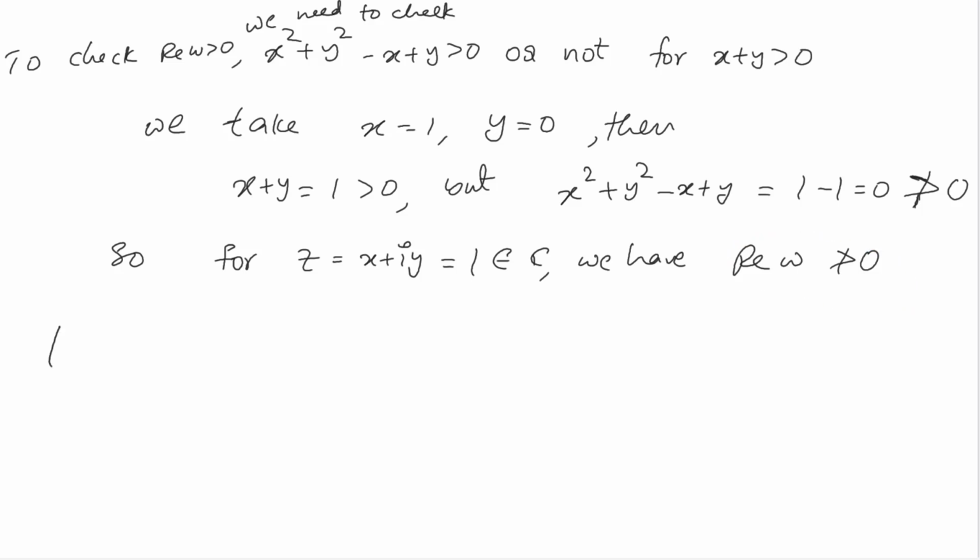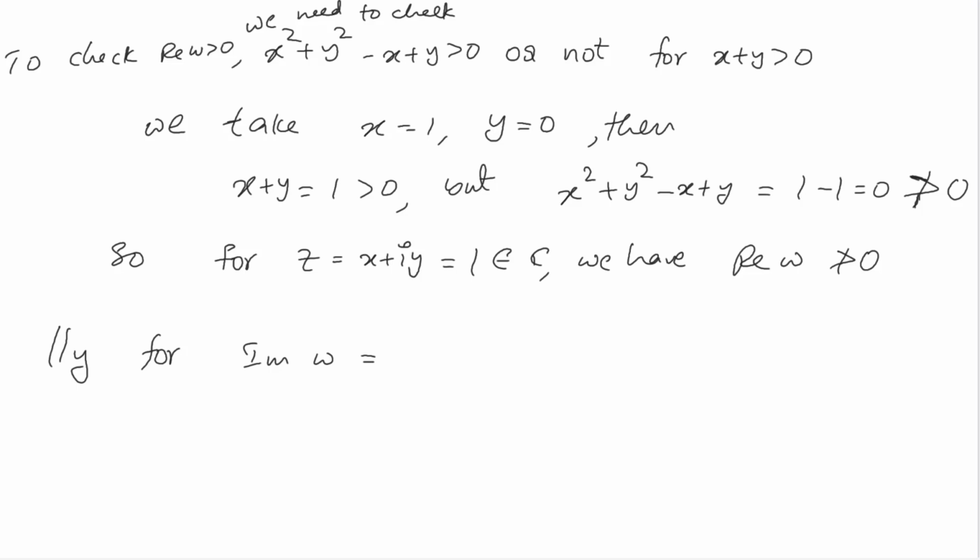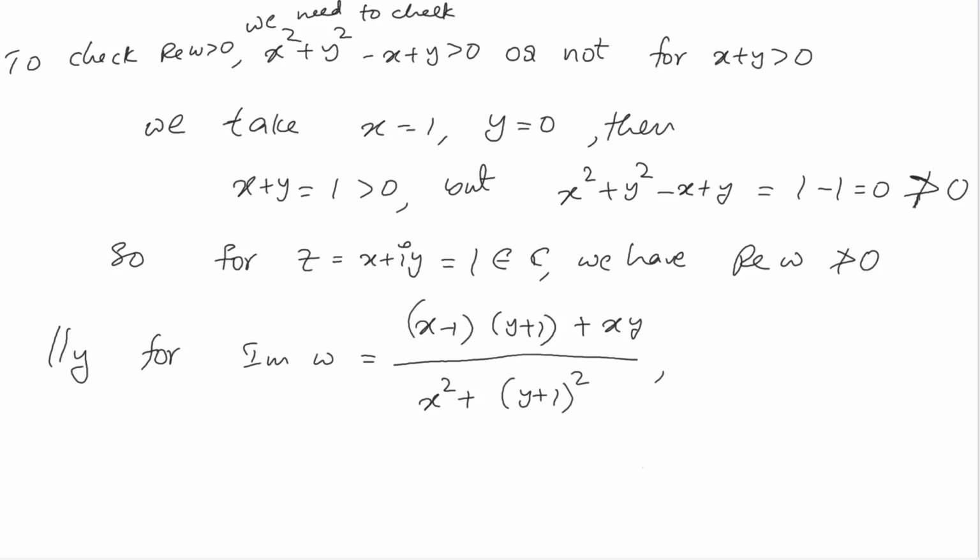Similarly, for imaginary part of w, which we derived as x minus 1 times y plus 1 plus xy divided by x square plus y plus 1 whole square, we take the same values x equal to 1 and y equal to 0, the same complex number.